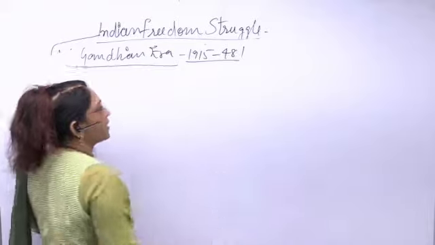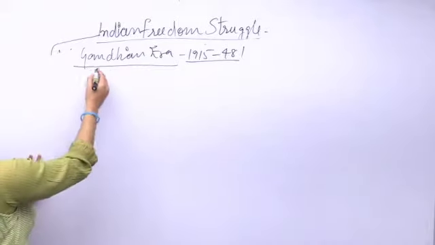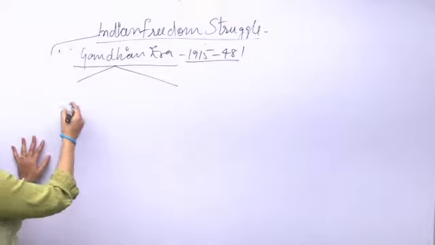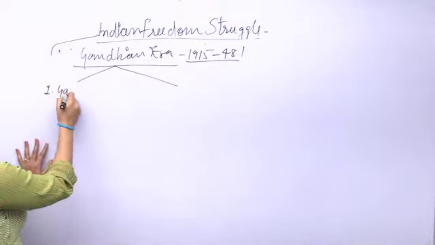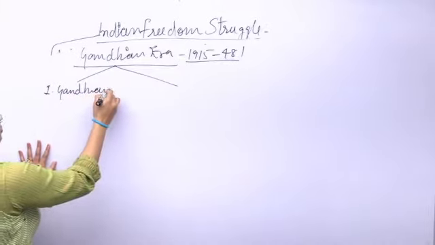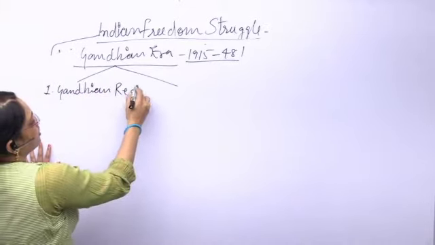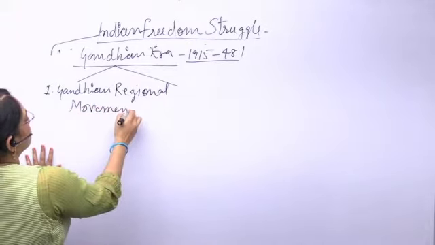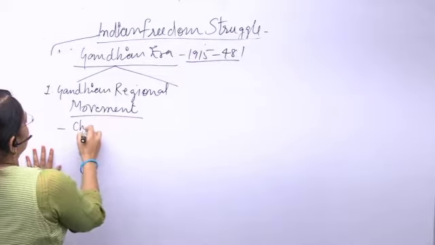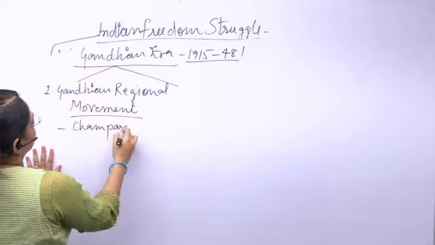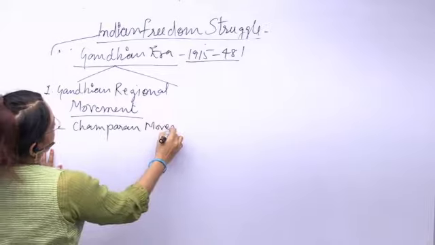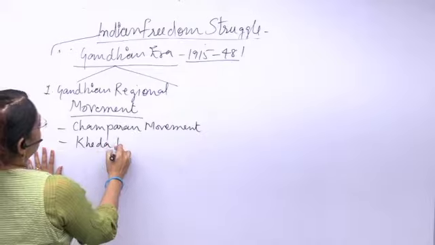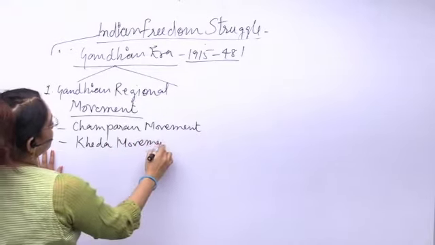Basically, this era is again studied in two categories. The Gandhian era is categorized again into two parts. The first one is the Gandhian regional movements. You must have heard about the Champaran movement, second the Kheda movement, Satyagraha we can also call it.